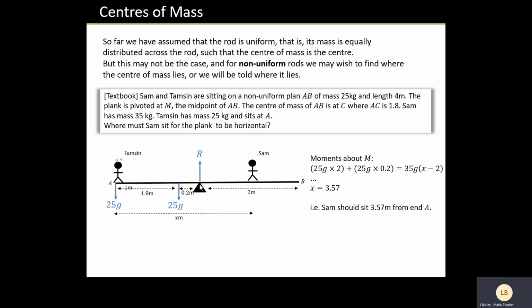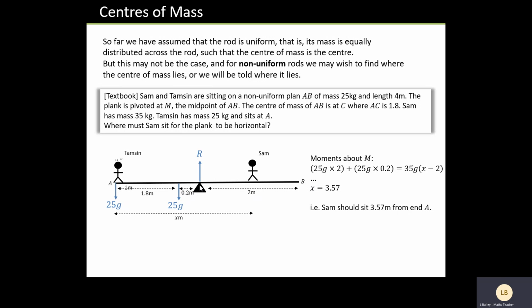In the opposite direction, your clockwise moments, we don't know where Sam is. We're trying to figure out where Sam must be for the beam to be balanced. They've defined X as the distance from A to where Sam is. Sam's weight is 35 G. The full distance is 4 metres.